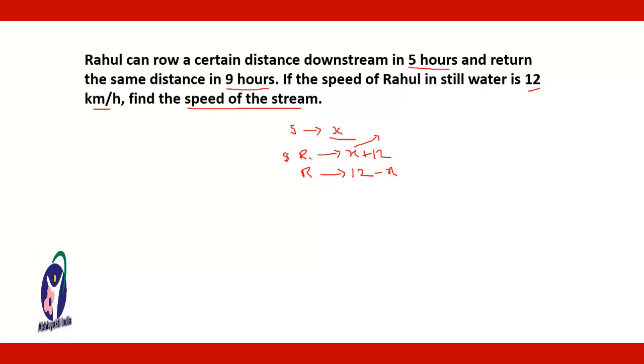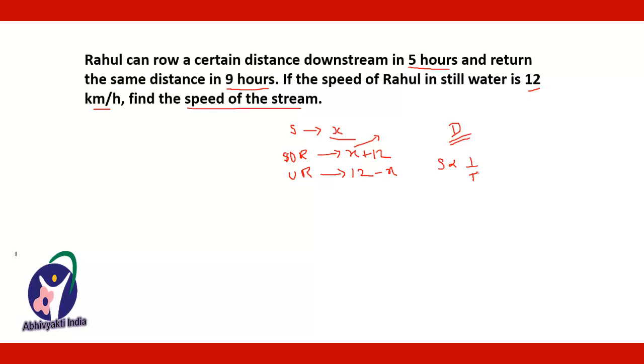Now this is the speed of Rahul downstream, and this is the speed of Rahul upstream, and we know that the distance is constant, therefore the relation between speed and time is that speed is inversely proportional to time.